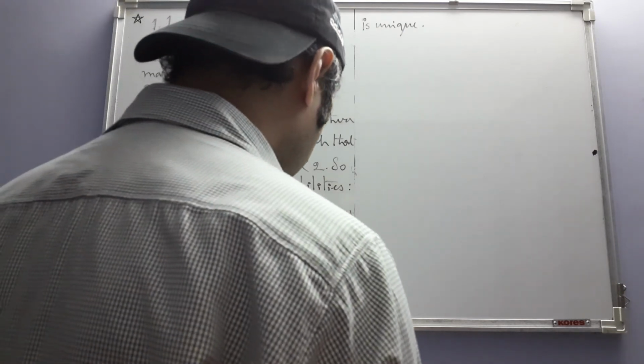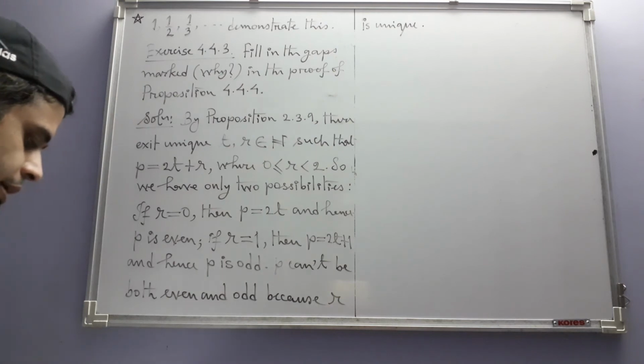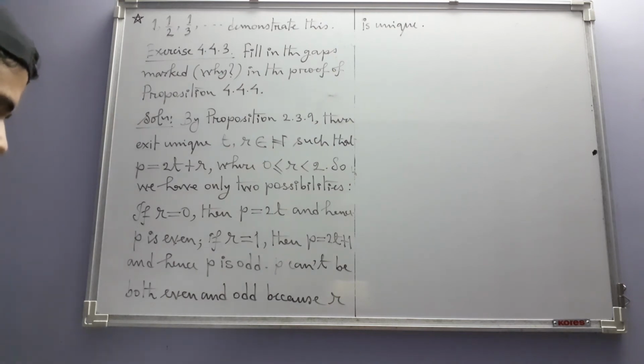Okay, now what was the next why? In the next why, it has been said that the square of an odd integer is an odd integer.